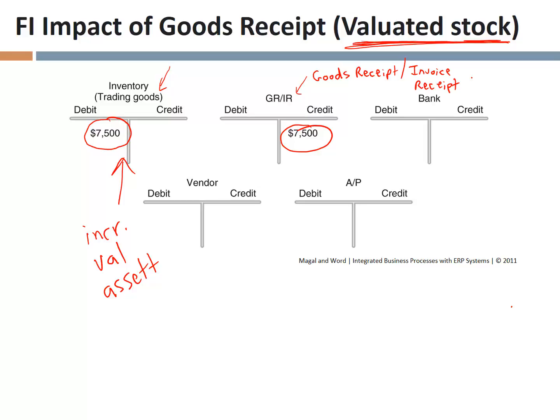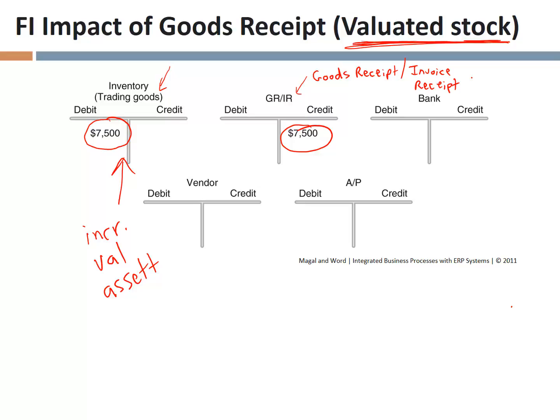You will notice a couple of very interesting things at this point. My vendor account gets no postings. Accounts payable, no postings. My bank account, not touched at this point. At goods receipt, what happens is I debit an asset account and I credit goods receipt, invoice receipt to memorialize the fact that I got the goods.